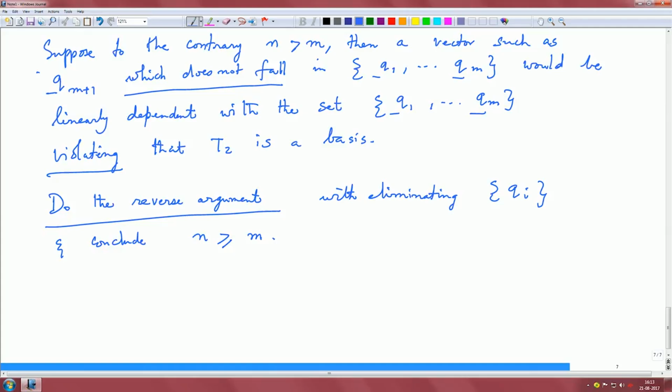In one side we said m is greater than or equal to n, and in the other side we are saying that n should be greater than or equal to m, and basically this is only possible if m equals n, and this shows that the cardinality has to be the same.